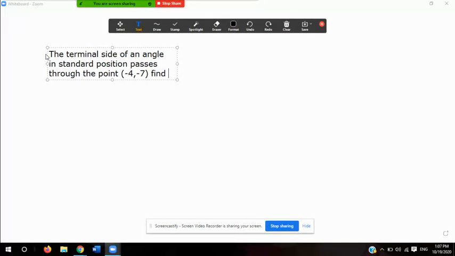Find the 6 basic trigonometric functions.